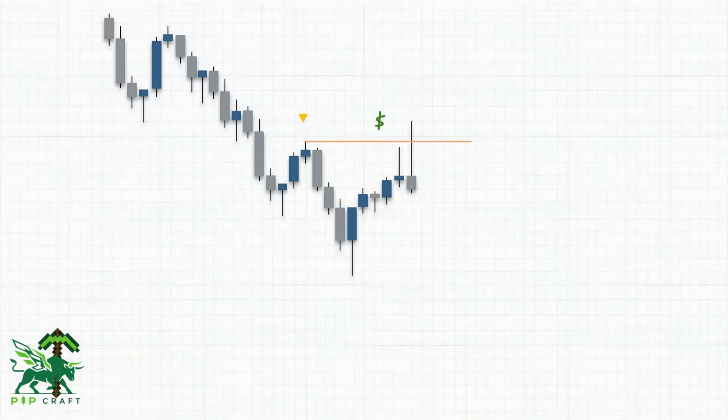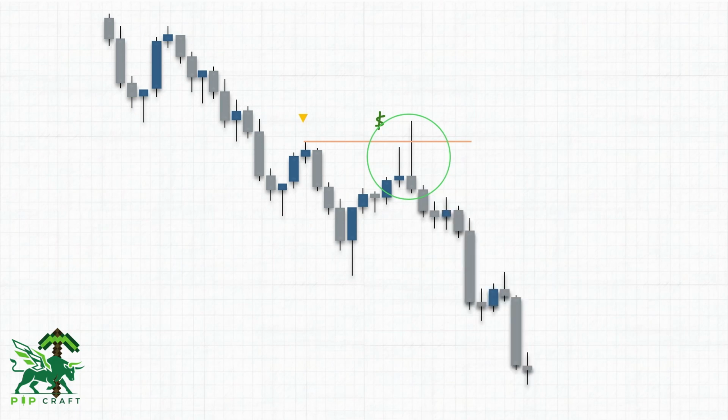For example, in a clear downtrend, if the market gathers enough liquidity, the next downward movement is likely to occur, creating a short trading opportunity. When a liquidity grab pattern forms at a resistance level, it can be a strong signal that the market is likely to move downward.